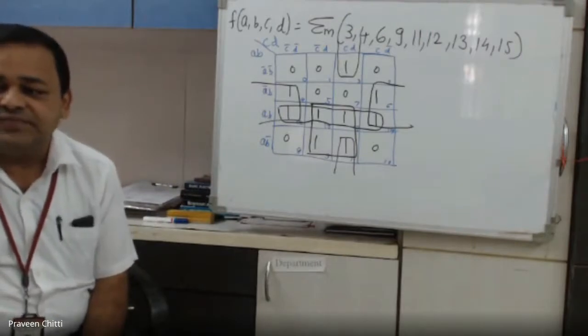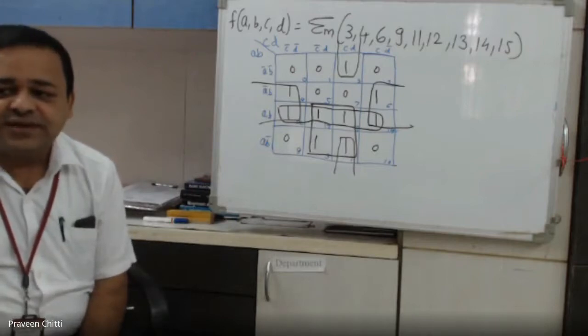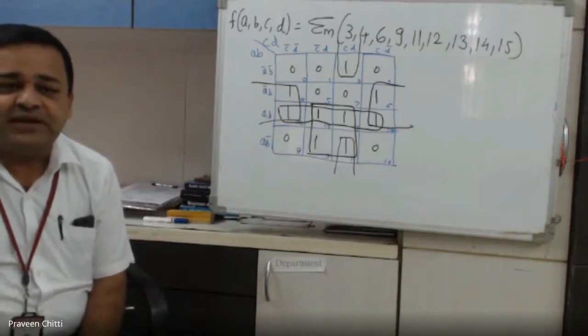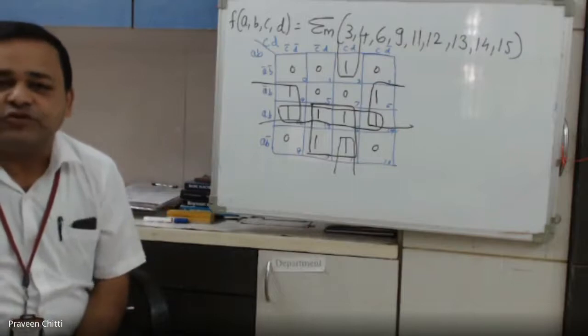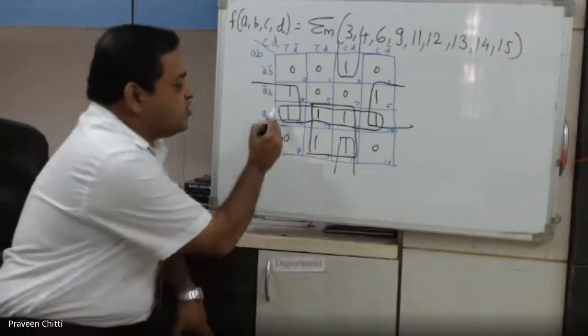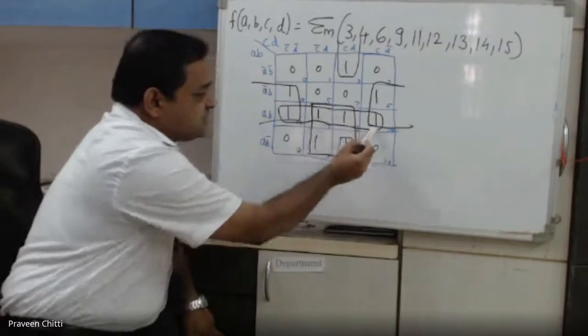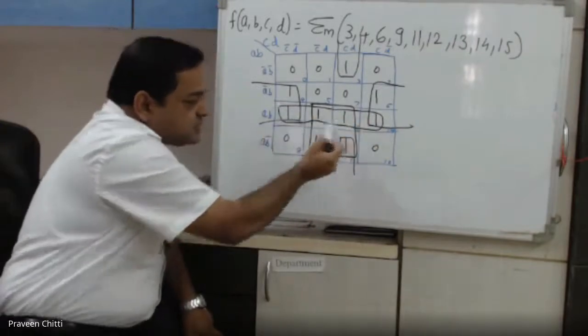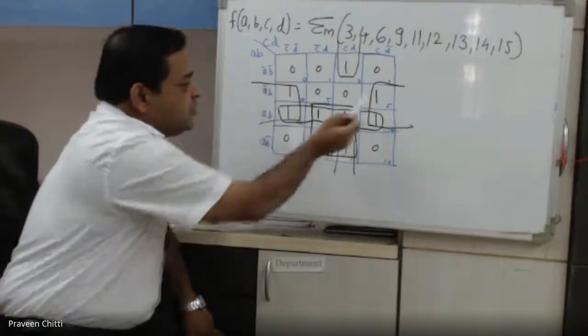Is that clear? But here one important thing you have to notice. We form all the groups, but you have to see that no group should be covered entirely by some other groups. If that is the case, then that group becomes redundant. If you remember, we started with a quad consisting of 12, 13, 14, 15. But out of this, these two ones we covered here, and this one we have covered here.